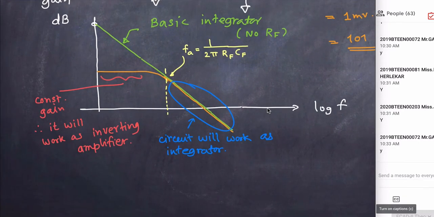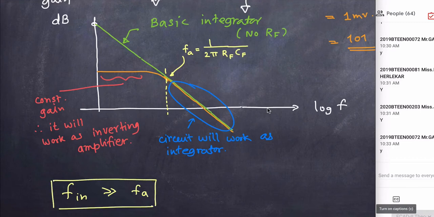It means the input frequency should be greater than Fa for the signal to get integrated. Understanding this, input frequency should be more than Fa.